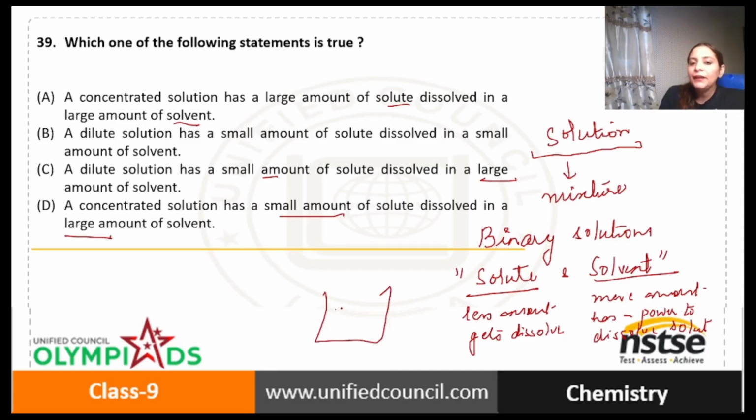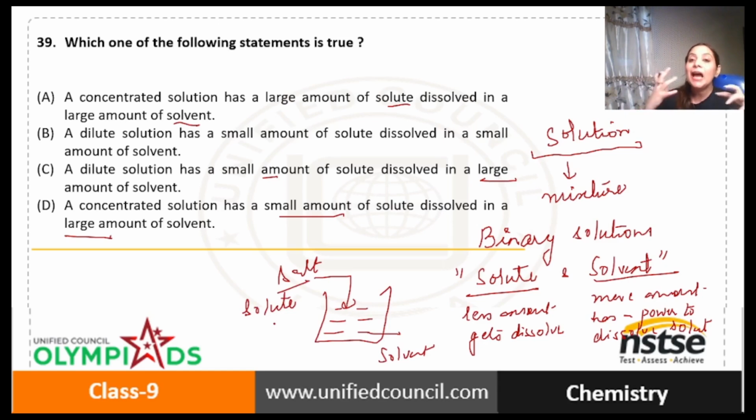For example, if I take water and add salt into it, water acts as the solvent and salt acts as the solute, because the solute is present in small amount and gets dissolved, and the solvent is present in large amount and has the ability to dissolve salt.